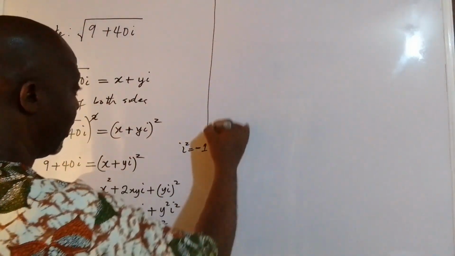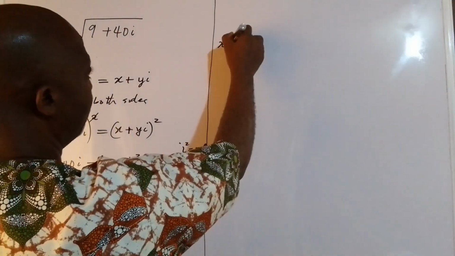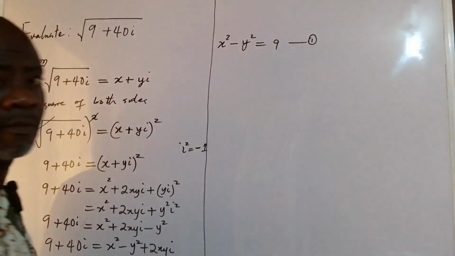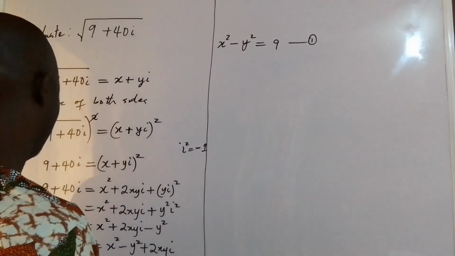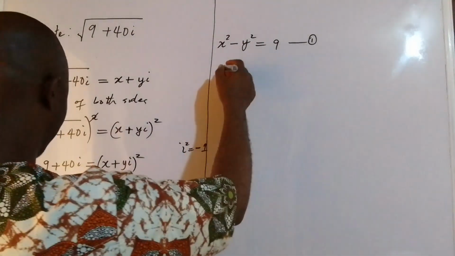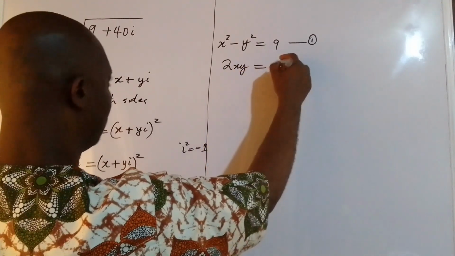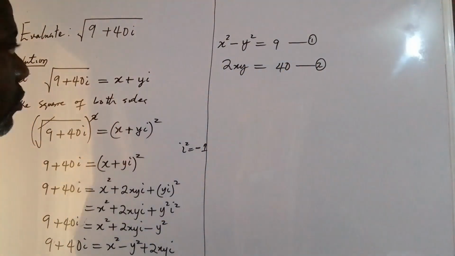So if we compare real and real, x squared minus y squared equals 9. Let's call this equation 1. We can also compare the imaginary parts, which means 2xy will be equal to 40. Let's call this equation 2.